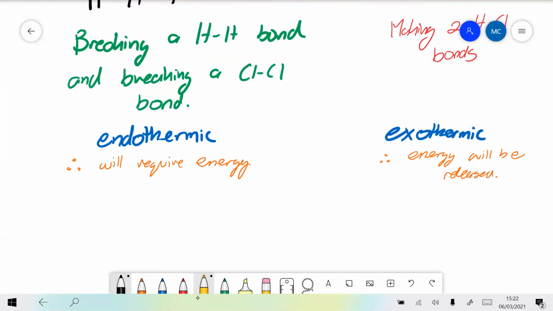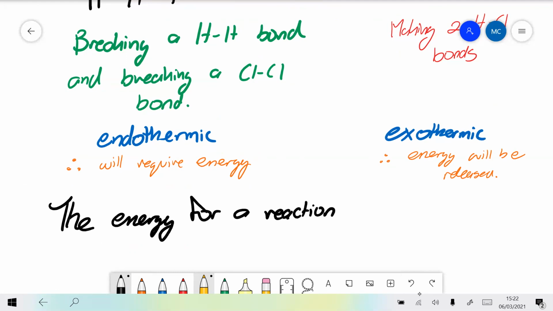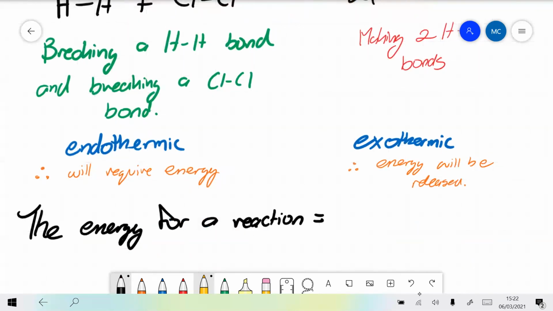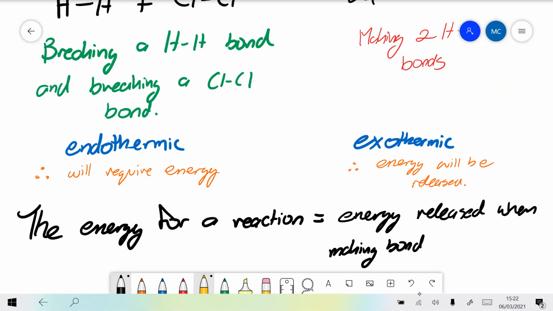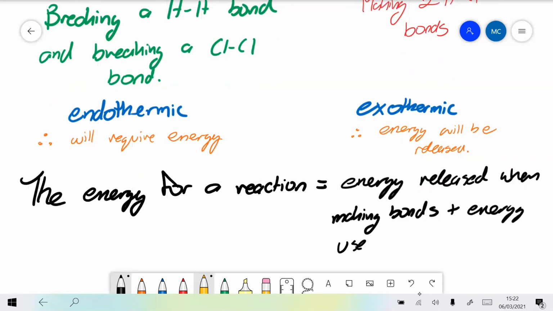So this would be the energy for a reaction is equal to energy released when making bonds plus energy used to break the bonds.